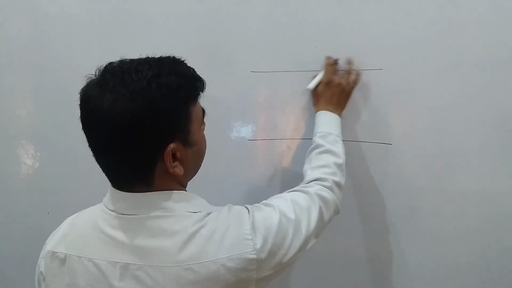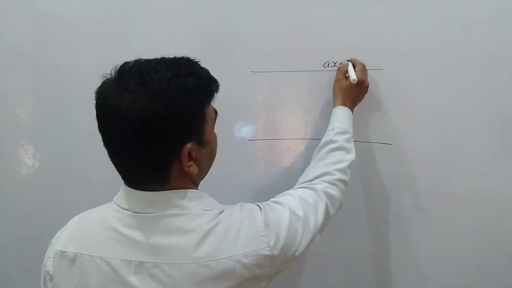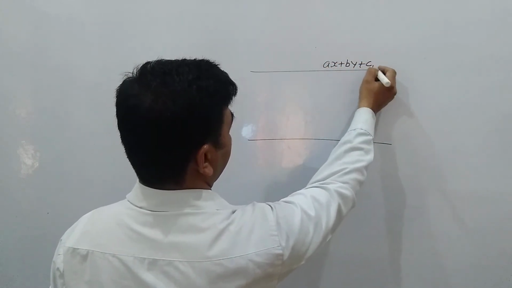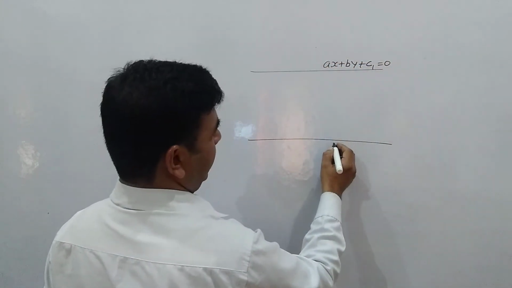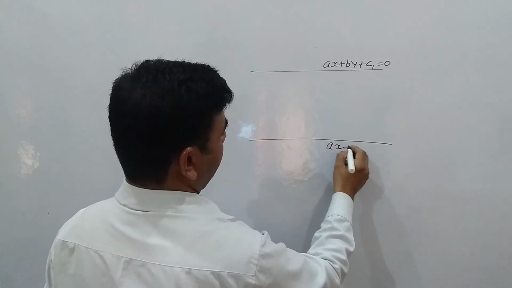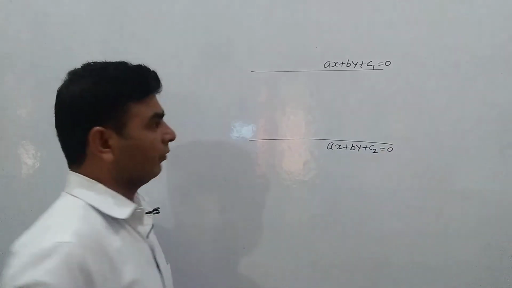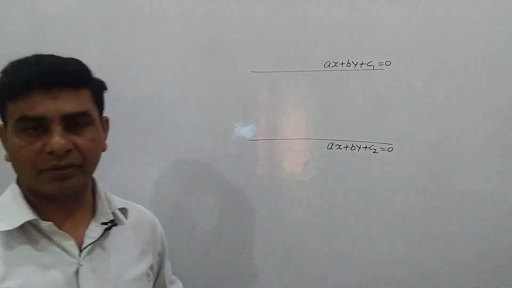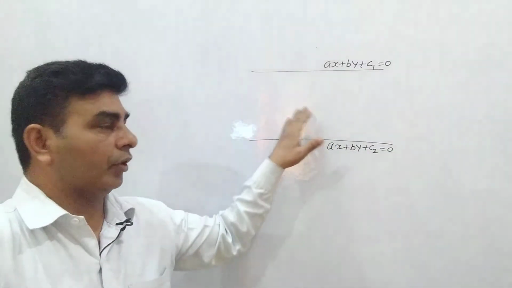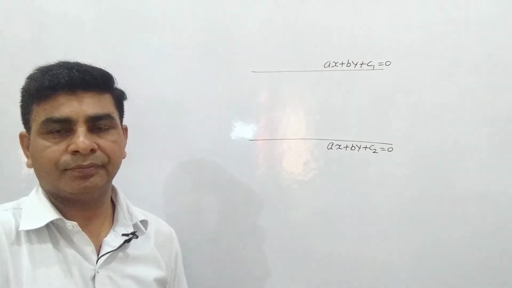This is ax plus by plus c1 is equal to 0. The second equation is ax plus by plus c2 is equal to 0. These are the two parallel lines. In between them we want to find the perpendicular distance.